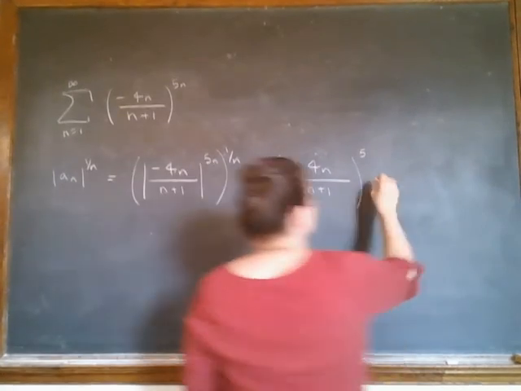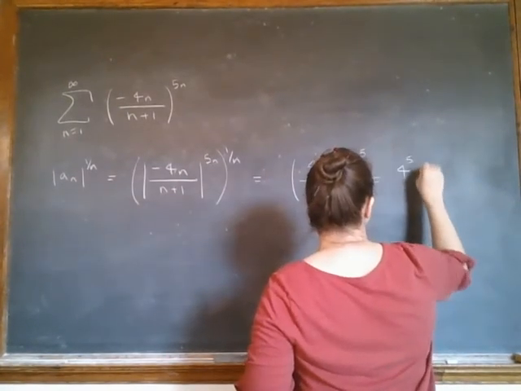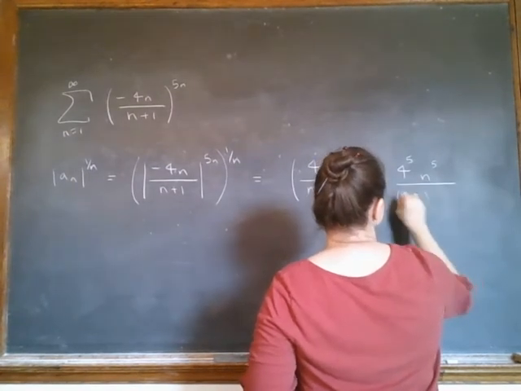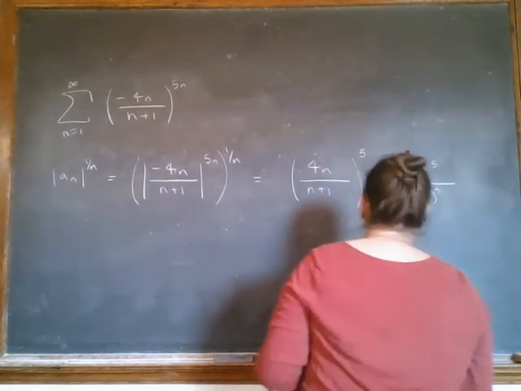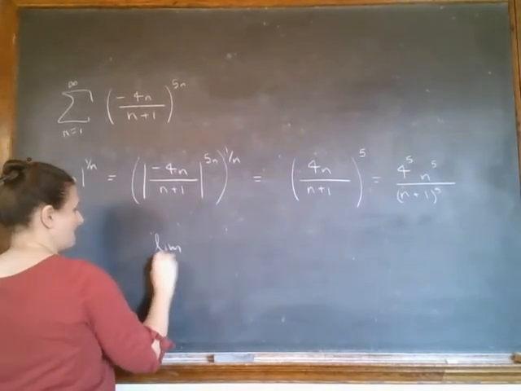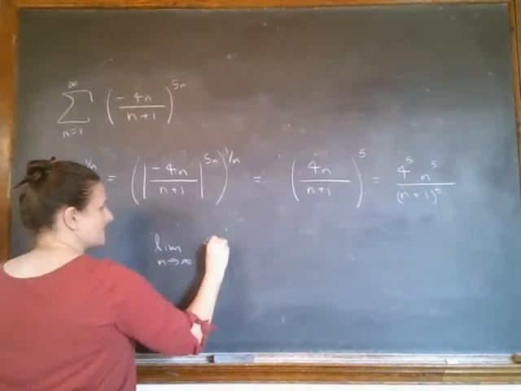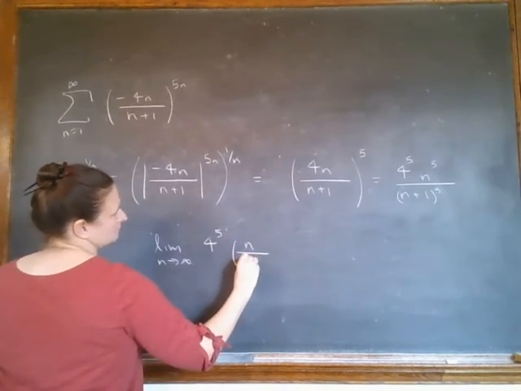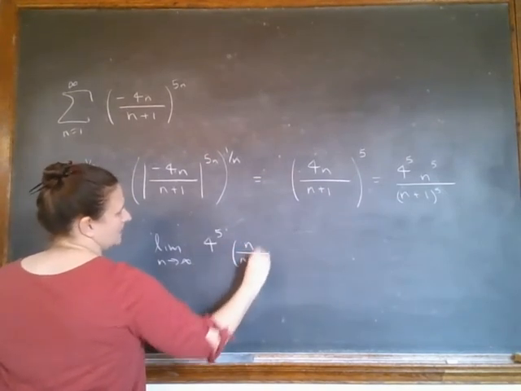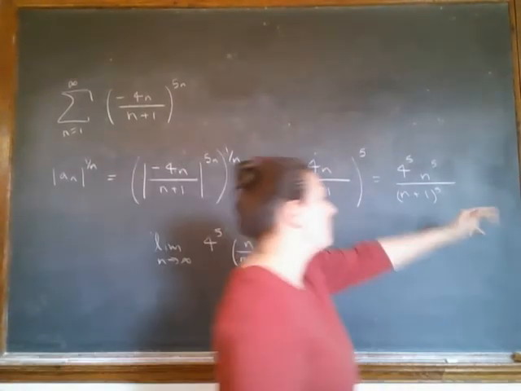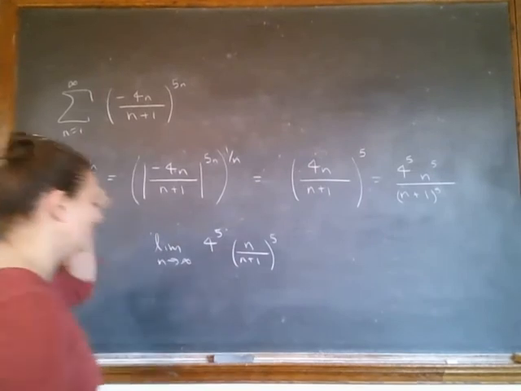So what is this? You can see what's going to happen here. When I take the limit, I can write it this way if I want, or I can just work that out, n to the 5 plus 5n, wherever.